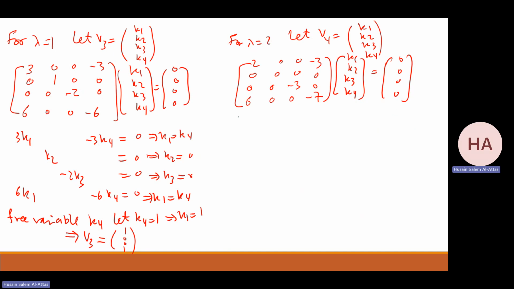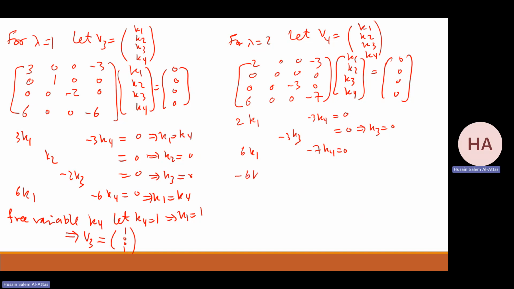So we have what? 2k1 minus 3k4 equals 0. Minus 3k3 equals 0. 6k1 minus 7k4 equals 0. From here, I'm getting k3 equals 0. I need to solve these two equations. Multiply the first by minus 3.